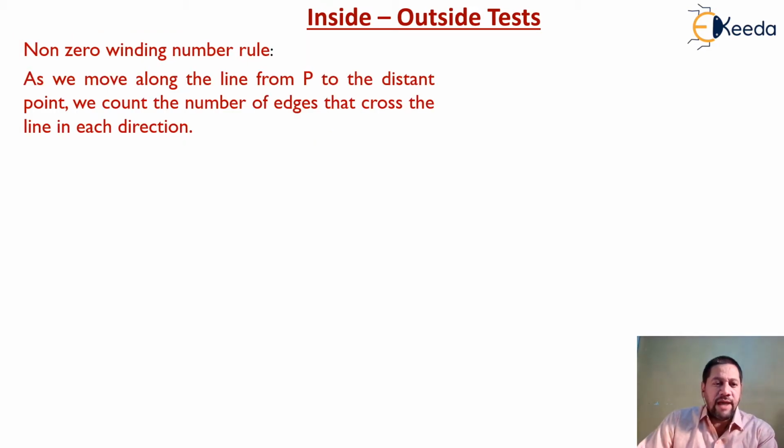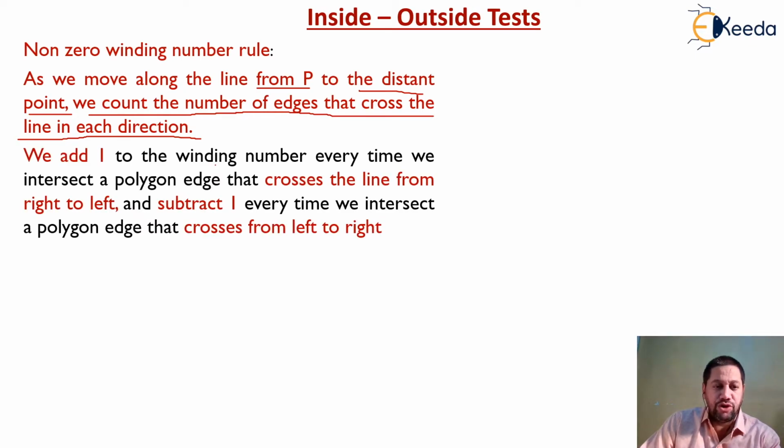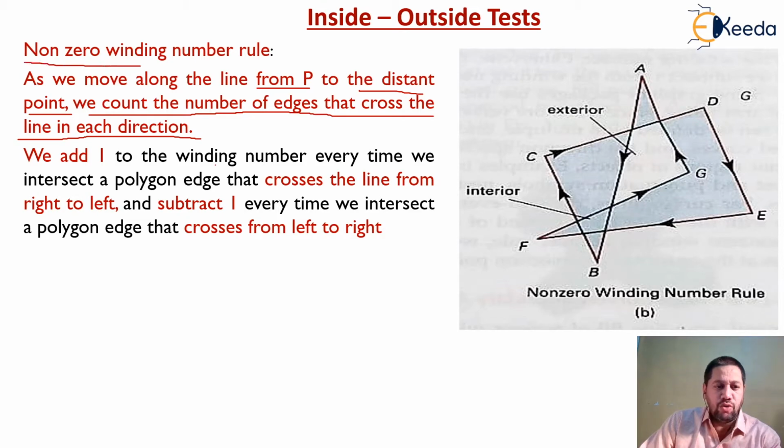Now, as we move along the line from P to the distant point, we count the number of edges that cross the line in each direction. Here we have already drawn the polygon edges in the counterclockwise direction.